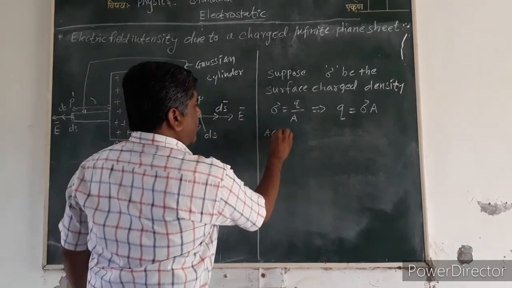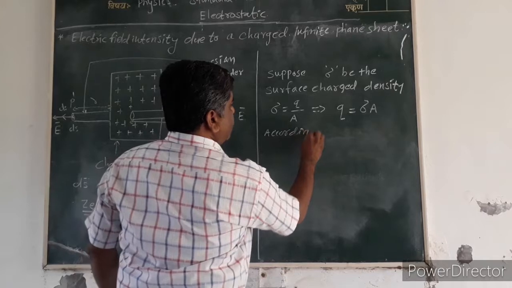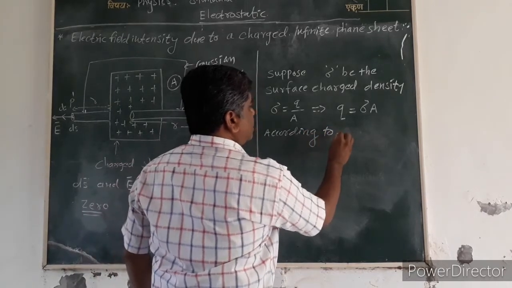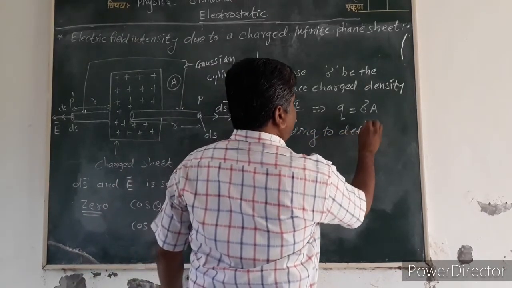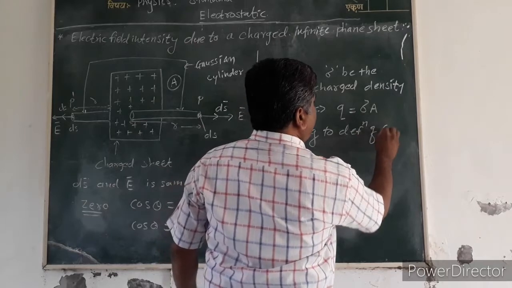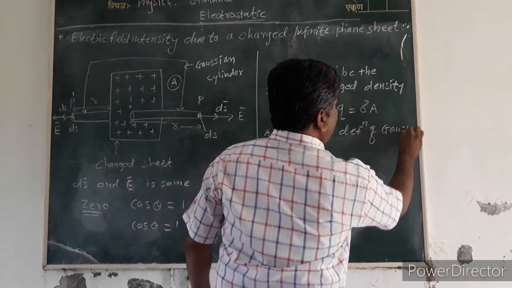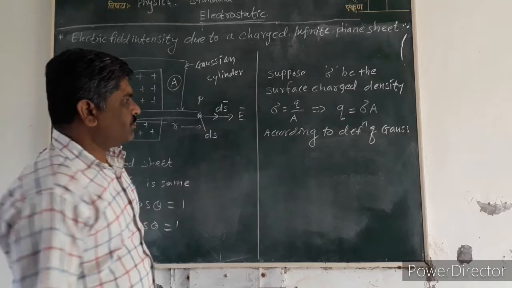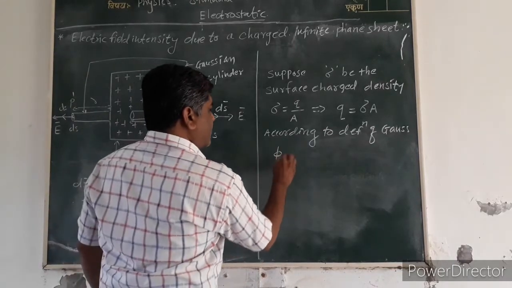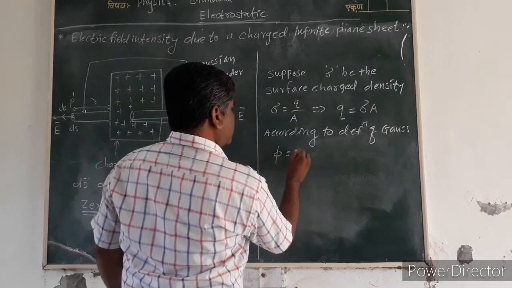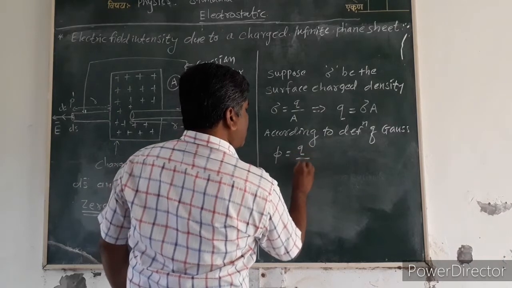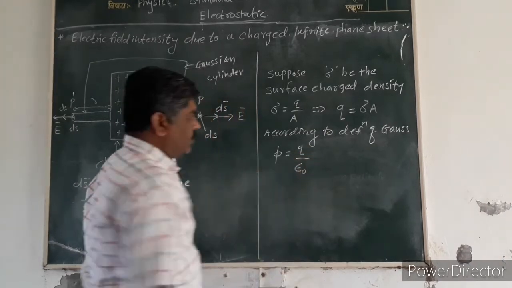Now, according to definition of Gauss theorem, phi is equal to Q upon epsilon 0.